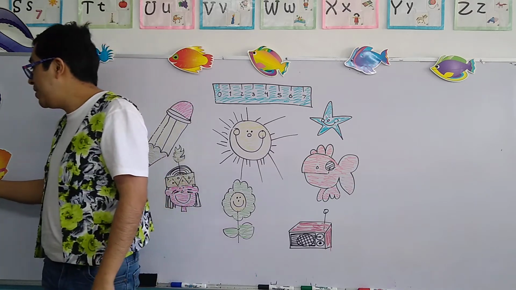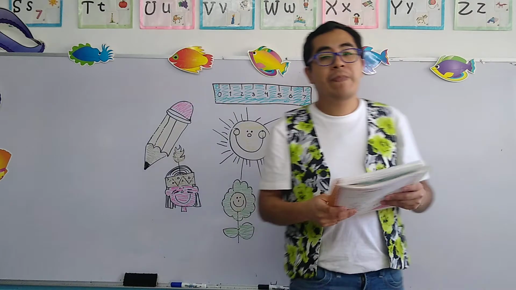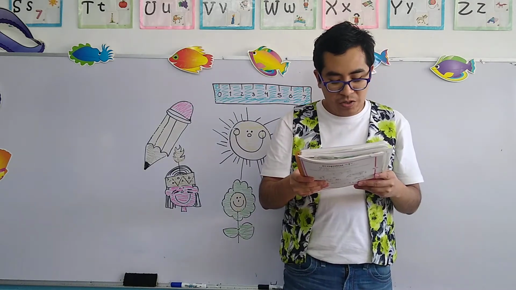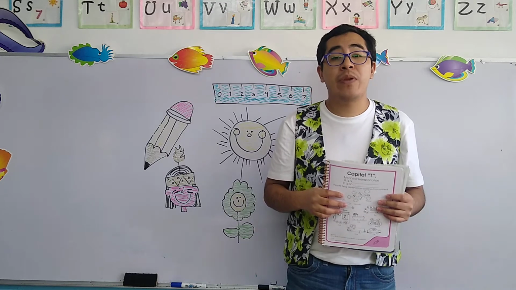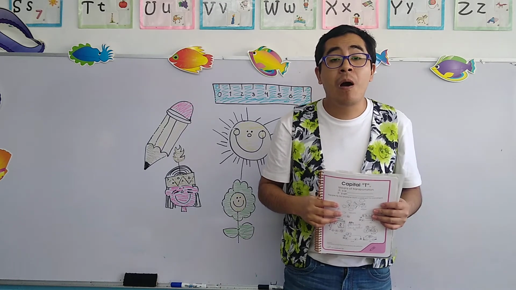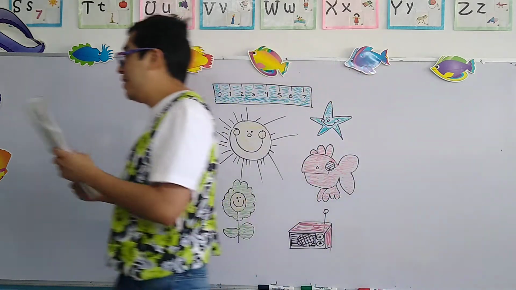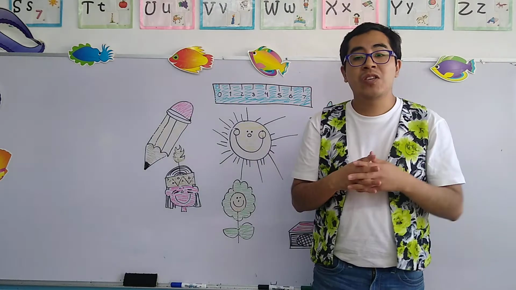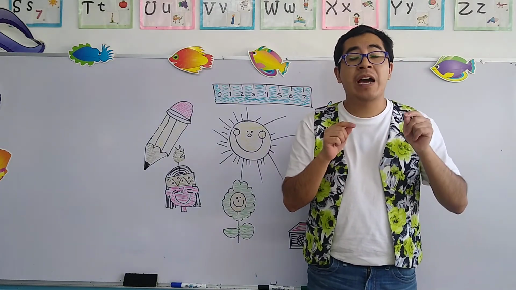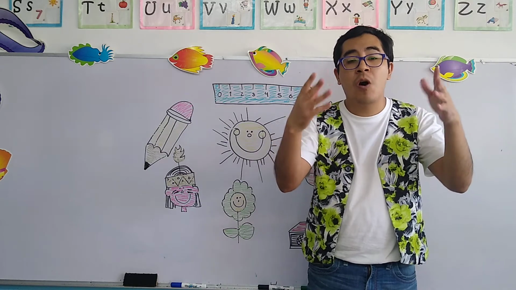Now, the activity, my children, says that you only are going to paint the objects that begin with the letter P, the letter R, and the letter S. Now, the teacher already painted the objects. Okay, so in my case, I have to circle them so you know which objects are they.